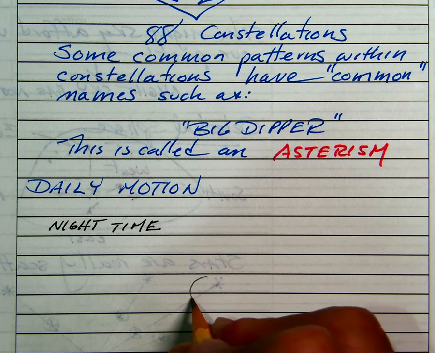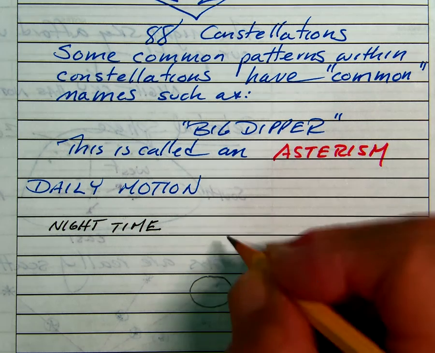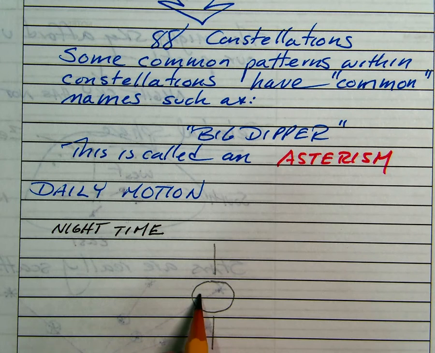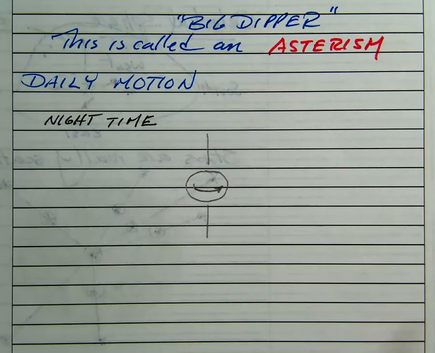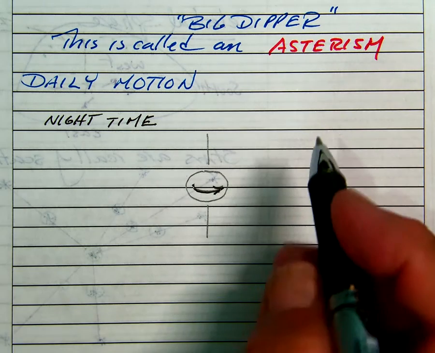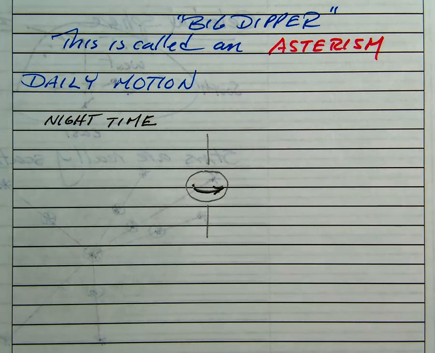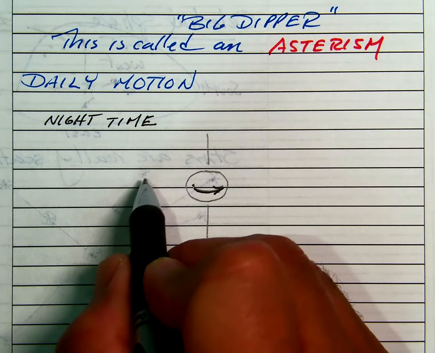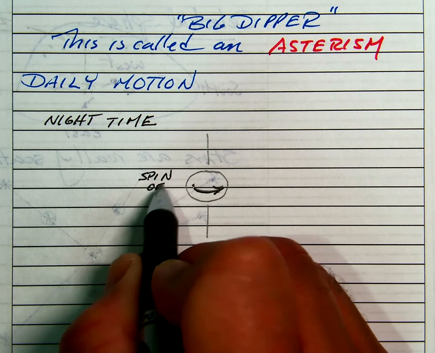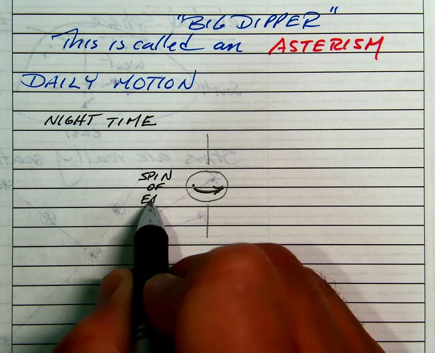So if we take the Earth, and I'm going to put it vertically, and you have the Earth spinning in this fashion. See, that's the spin of the Earth.